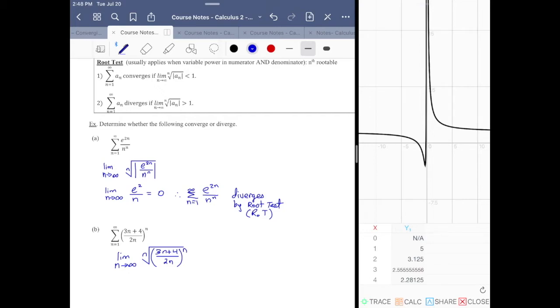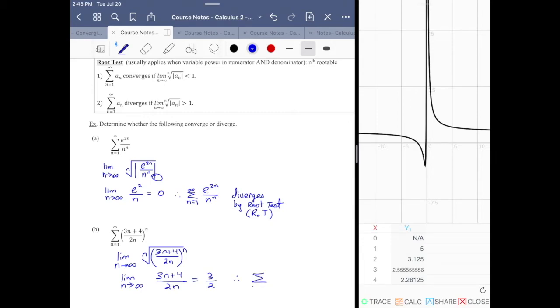There we are. My pen's playing tricks on me. So limit as n approaches infinity. I didn't put the absolute values in here because it's the same idea as before, where they didn't serve any relevant purpose, because if we're going out to infinity, it's going to get more and more positive. So you can ditch that part if you so choose. 3 to the nth plus 4 over 2n, and so that's going to go to 3/2.